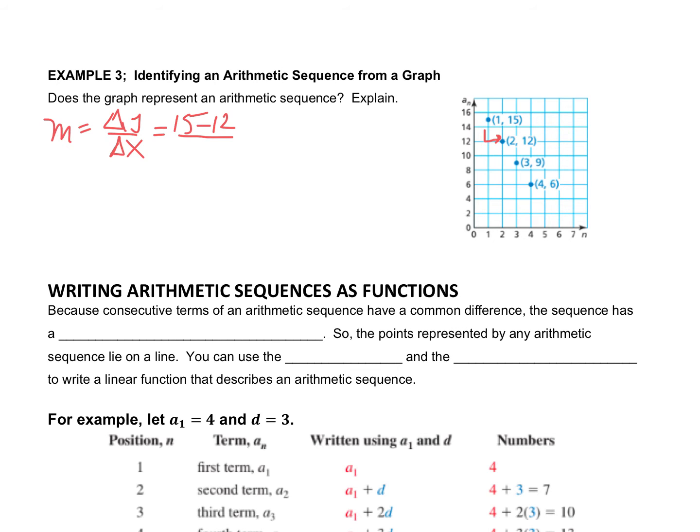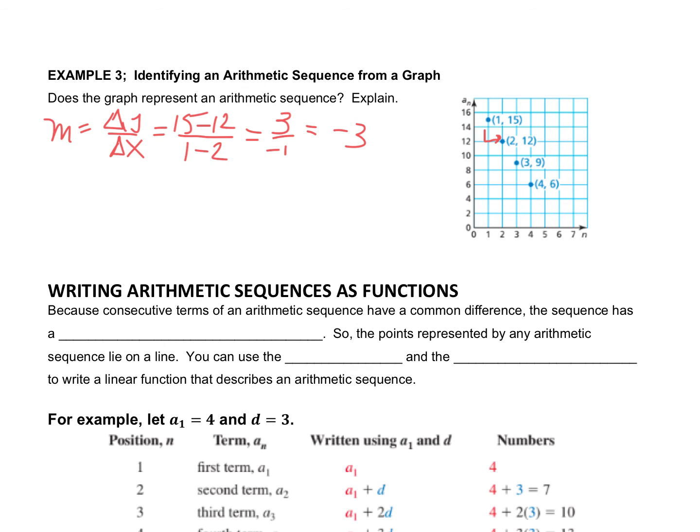And for my denominators, we went forward from 1 to 2, but remember we're subtracting, right? So I would get 3 over a negative 1, which equals negative 3. So the slope between those first 2 points is a negative 3.